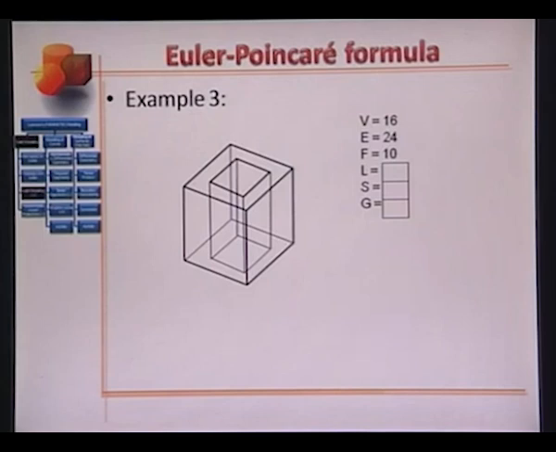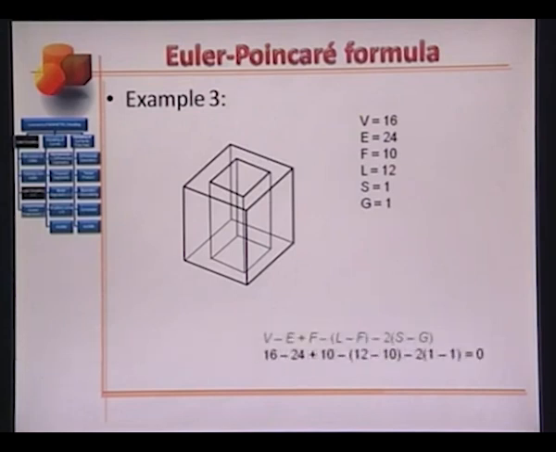The number of loops will still be 12. The shell value is 1 and the genus value is again 1. Remember that this solid is again homeomorphic to a torus. We plug in these values into the Euler-Poincare relation and again see that the relation is satisfied.